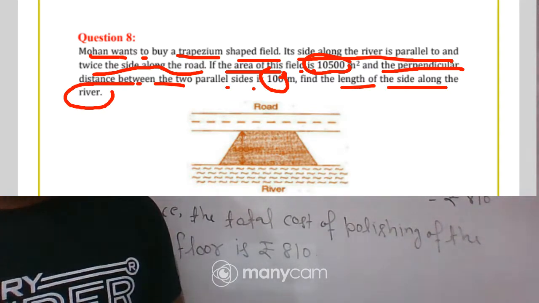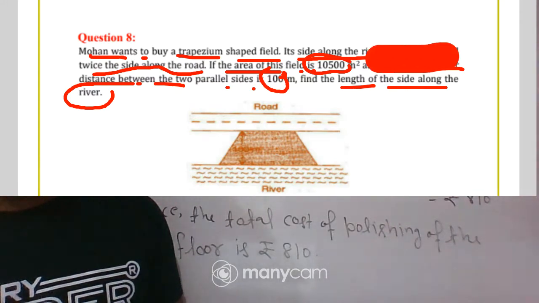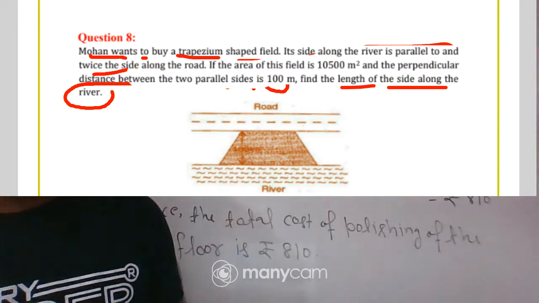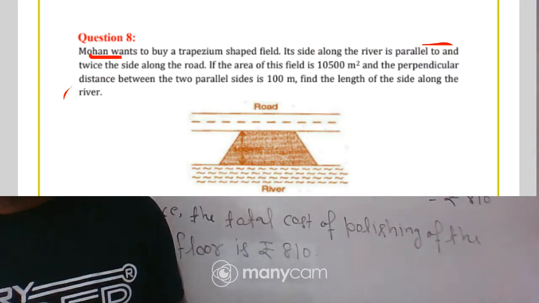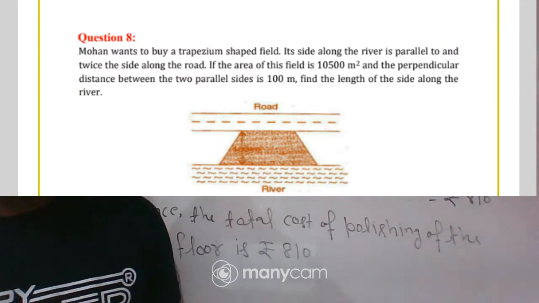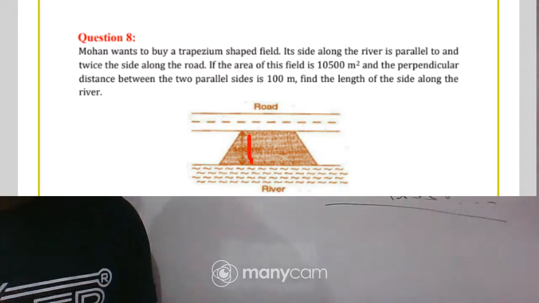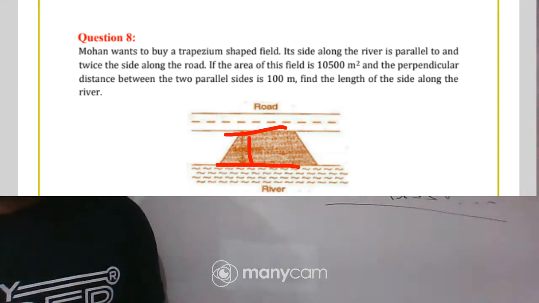Okay. So let's see how to solve it. Here this is given, and the distance between them is 100 meter. This is a road side, and this is a river side.